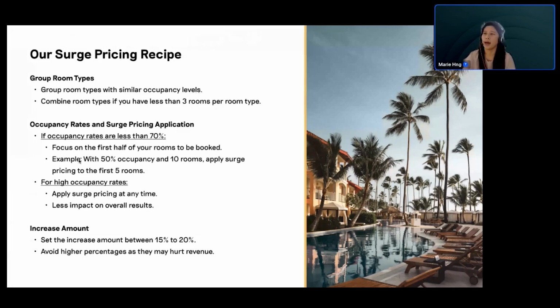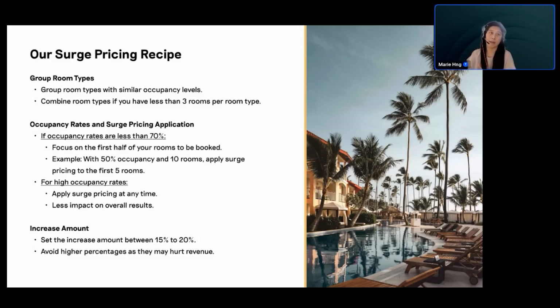Okay. Now, occupancy rates. If your occupancy rate is less than 70%, you want to focus on adjusting your surge pricing, or having it applied to the first half of your rooms. So the example here is if you say have 10 rooms and your occupancy is 50%, you want the surge pricing to kick in for the first 5 rooms, right?